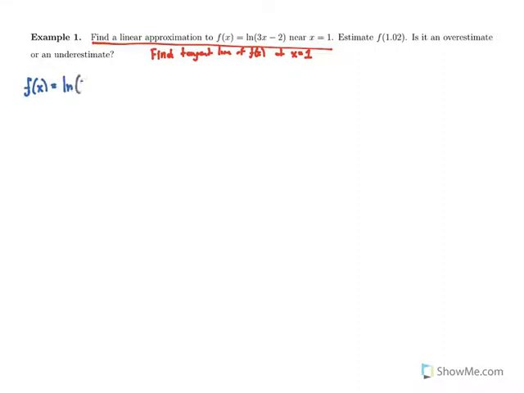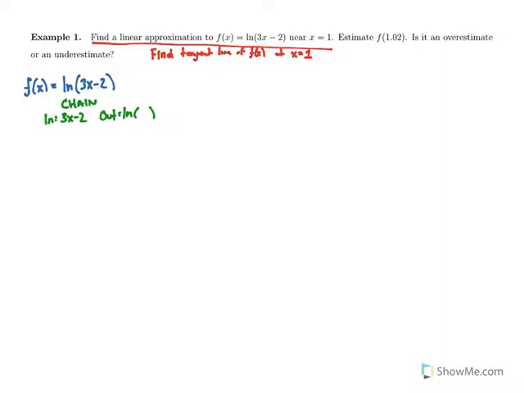So we have our function, natural log of 3x minus 2, and to find the derivative, we're going to have to use the chain rule. Our inside function is 3x minus 2. Outside function is natural log of something.